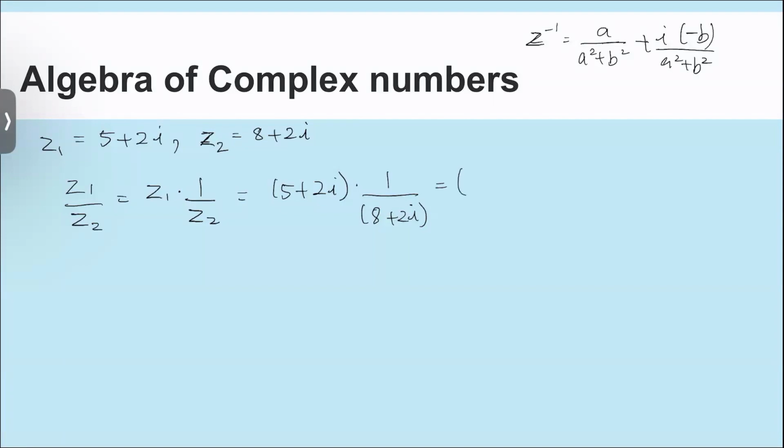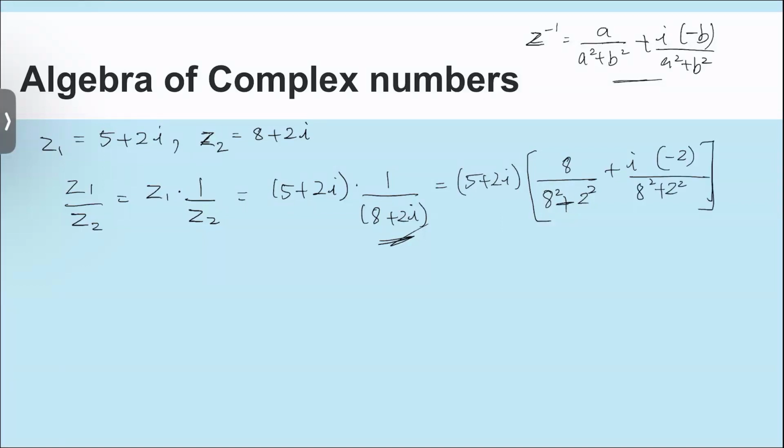So if you write this term in terms of the multiplicative inverse of 8 plus 2i, it is 8 upon 8 square plus 2 square plus i times minus 2 upon 8 square plus 2 square. So you solve the right side bracket, which is (8 minus 2i).